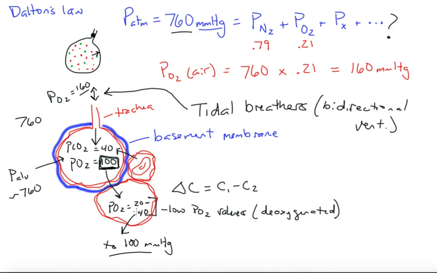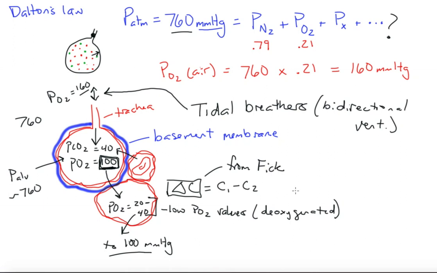So that's Dalton's law, and it's explaining the generation of the partial pressures of gases. And again, we're going to have to look at those partial pressures of gases to determine our delta C. And again, that is from Fick. You can't hide from Fick, right?